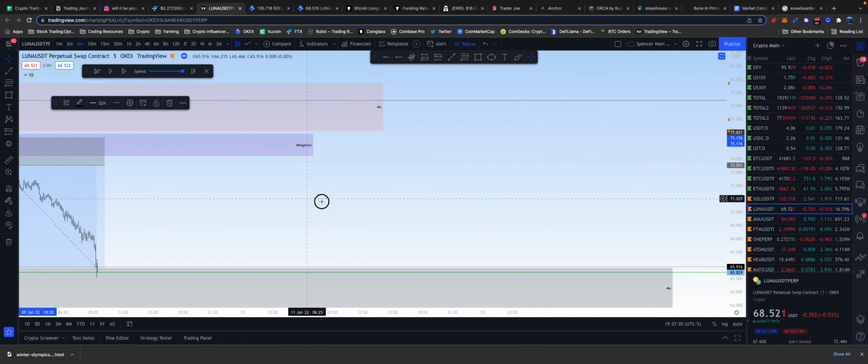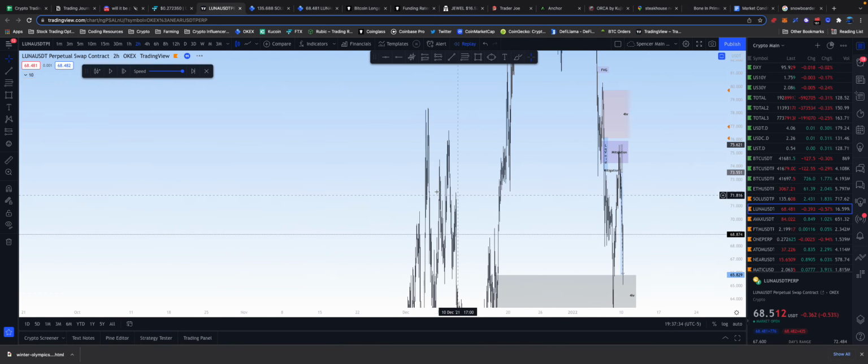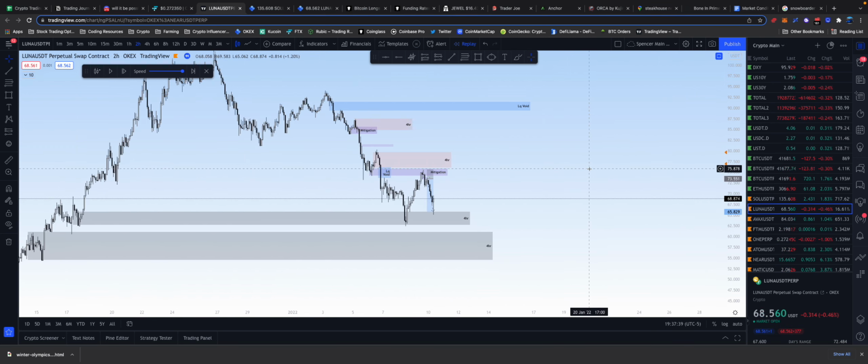So just to recap real quick, you have a high time frame resistance area, which is this mitigation block. You have this target, which was this liquidity void getting filled in, which it mostly did. And you have your target of this 4-hour demand zone, which it's bounced off before.